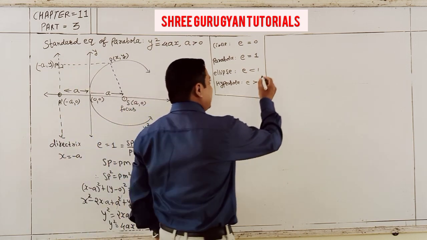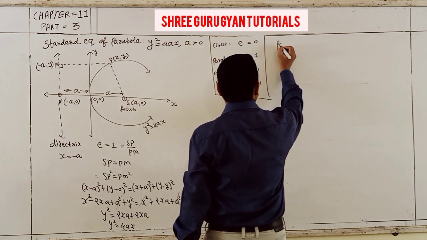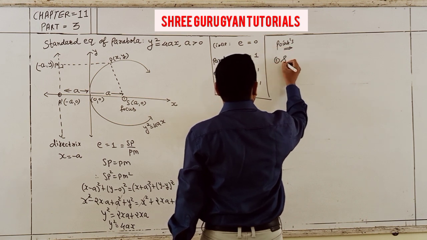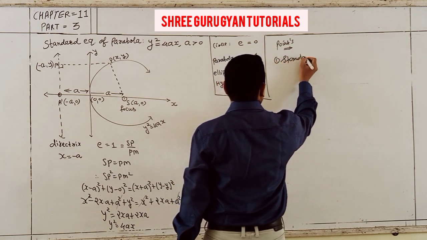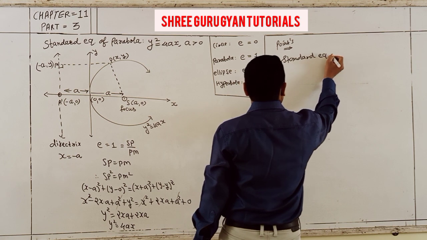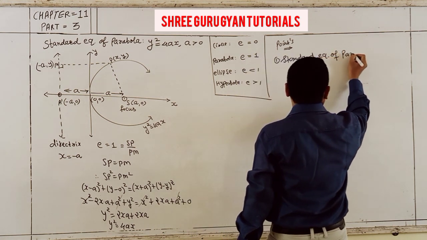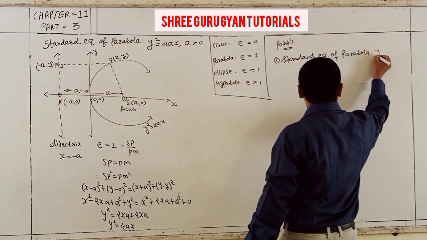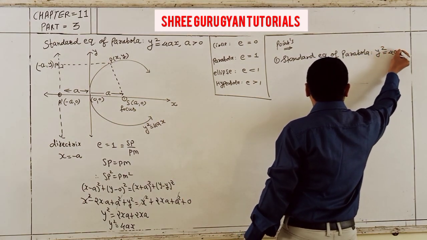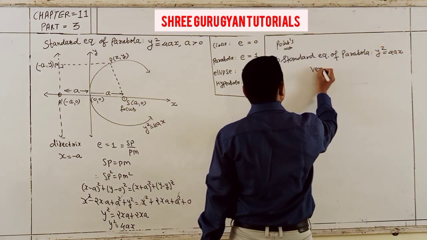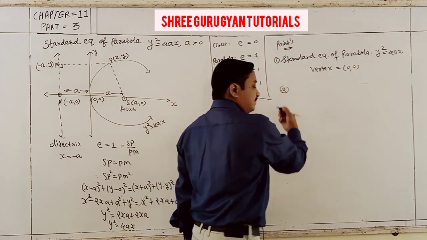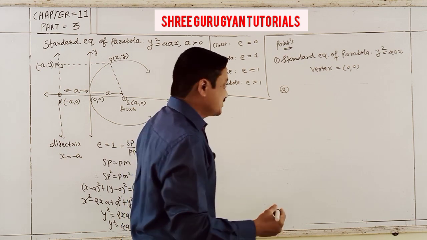After that you write down the main points. First point, the standard equation of the parabola. After ending this drawing, y square is equal to 4ax having vertex (0, 0). Second, the focus.